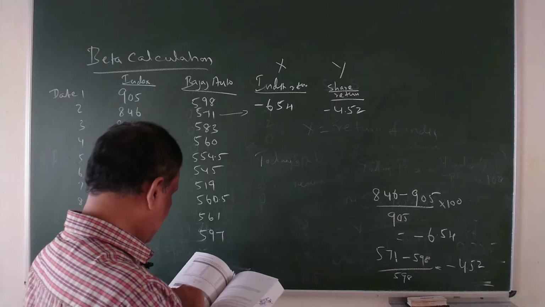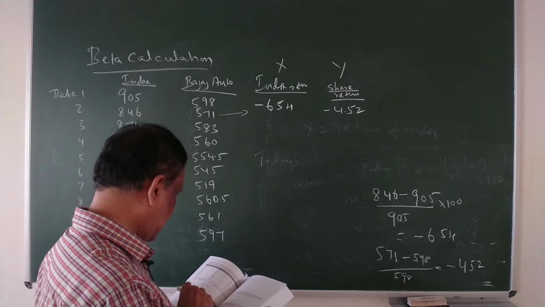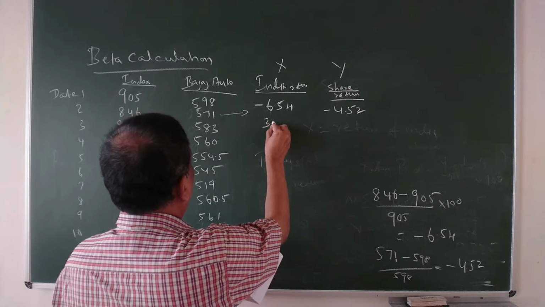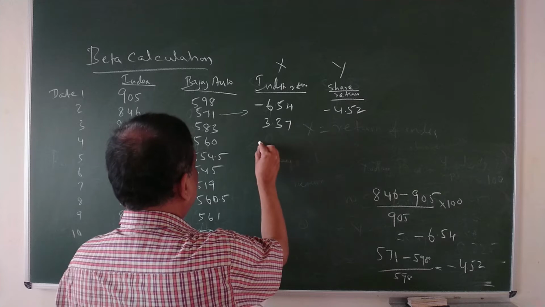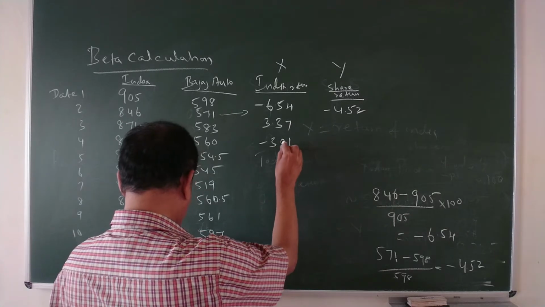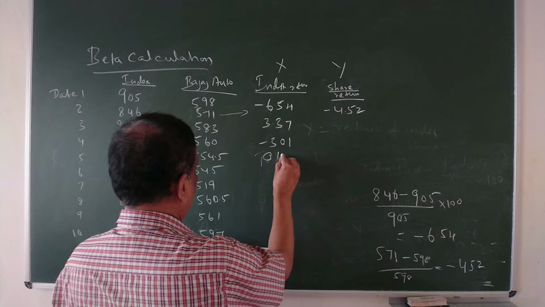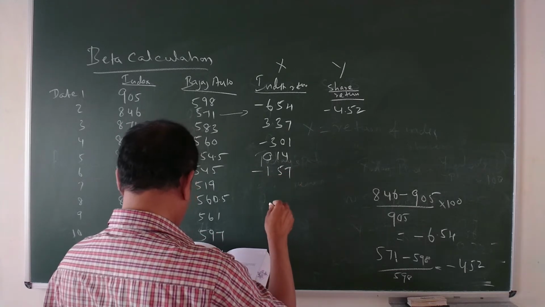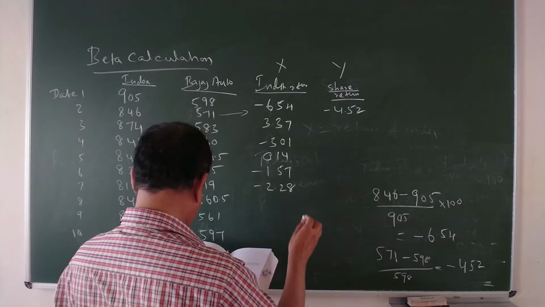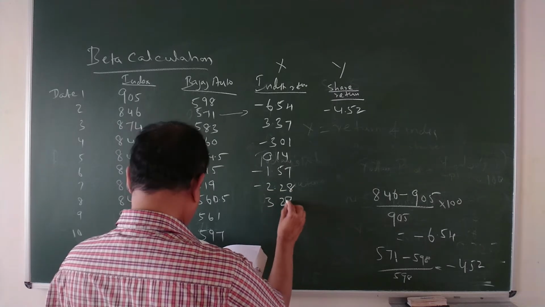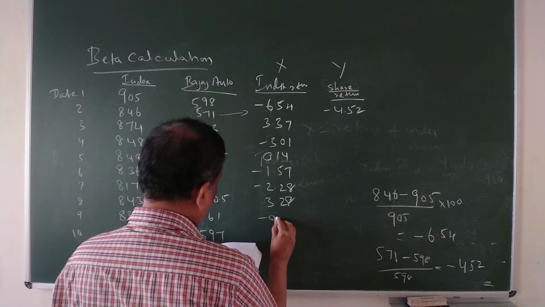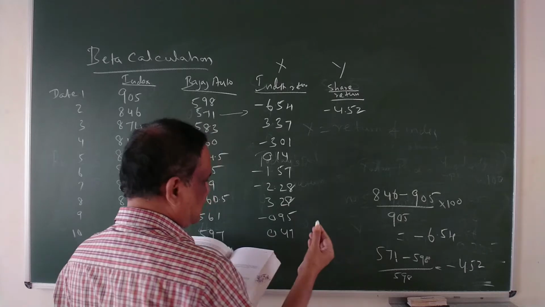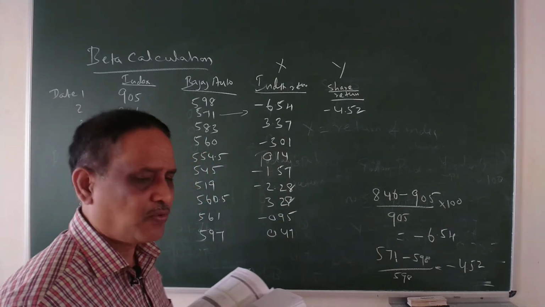Now we have values: 3.37, minus 3.01, 0.14, minus 1.57, minus 2.28, 3.28, minus 0.95, 0.47. There may be small changes in calculation, you ignore it.